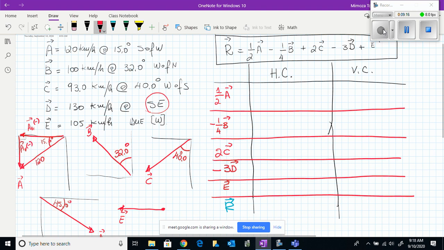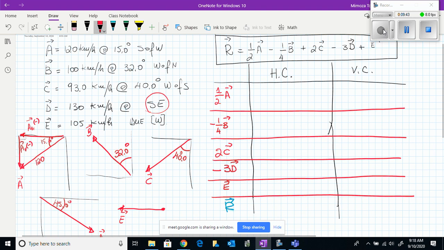And now we'll use the calculator. The horizontal component is adjacent, so it's related to the cosine ratio. That means that we will use the cosine in the right angle triangle. 120 times cosine 15.